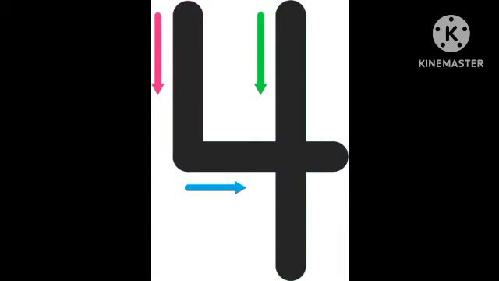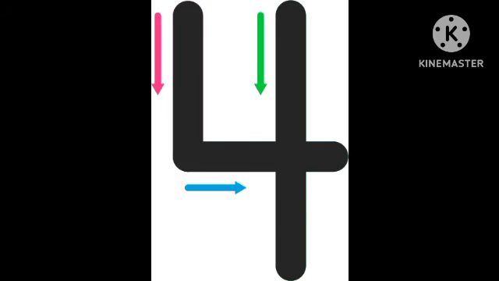There are no curves. 4 lines make a 4 number. 1 vertical, horizontal, vertical. Yes, 2 verticals, 1 horizontal.